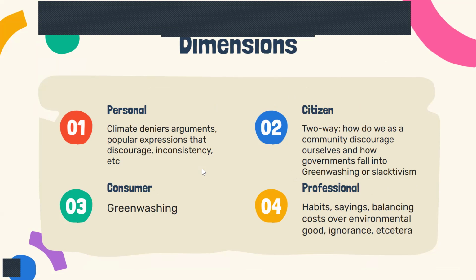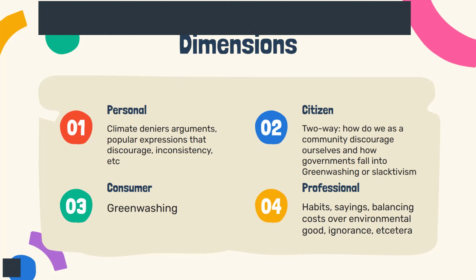Now, you should be wondering, okay, what kind of examples can I then bring? Or how should I think of the examples? So I'd like to think of each dimension this way. For instance, the personal dimension, I immediately think about climate change deniers' arguments because they are thoughts, because they are the way that they understand the world and the reason why they're not gonna be changing one jot, right?